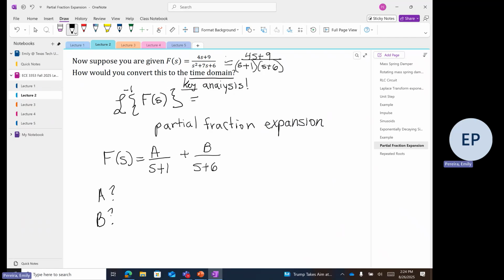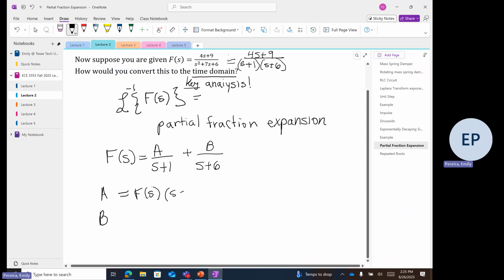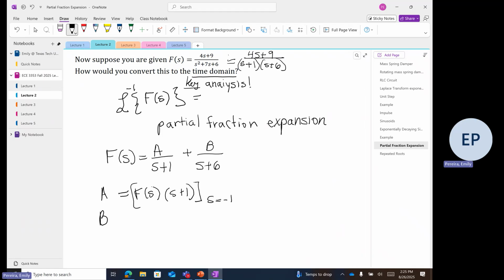Okay, so this is the partial fraction expansion method. A is equal to our F(s) times (s + 1), substituting in s equal to negative 1. So we have (4s + 9) divided by (s + 1)(s + 6).